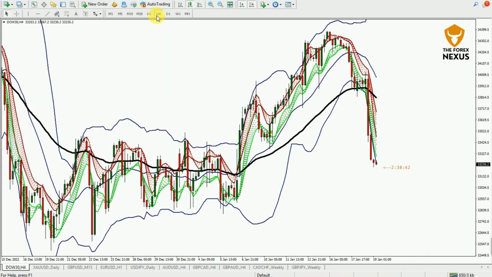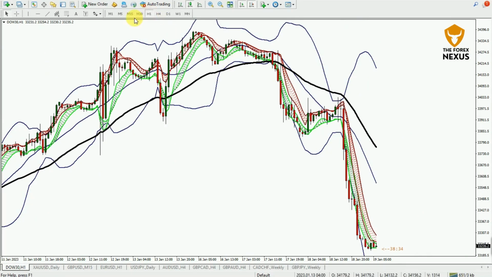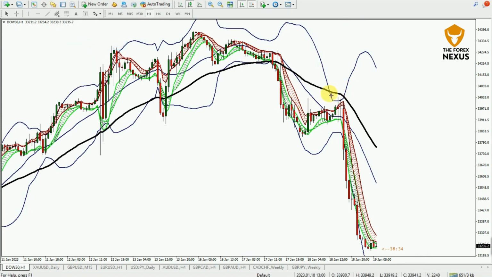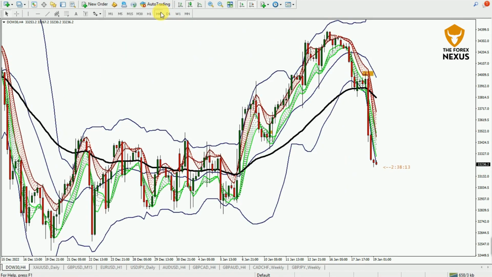On the H1 time frame, at this point we got extreme, also we got a nuclear setup. The EMA 50 got outside of the upper band. It means that something is happening on a higher time frame, on H1 and on H4.